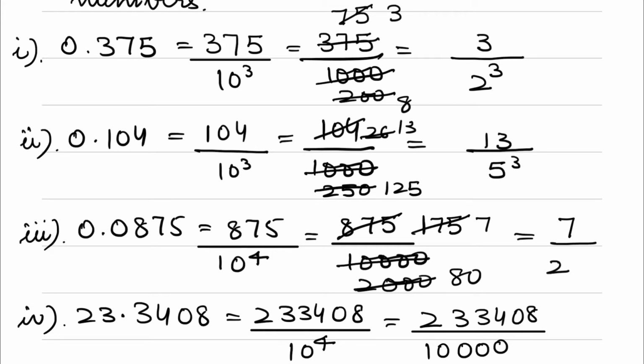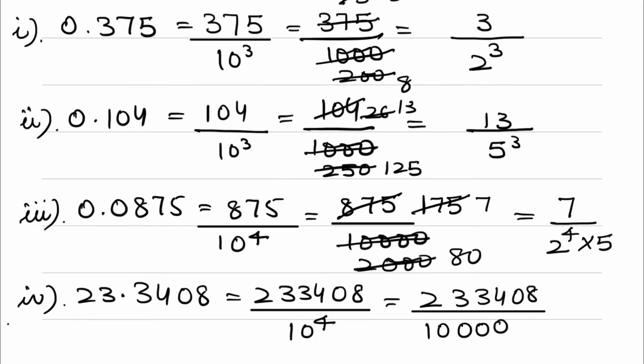So 2 raised to the power 4 into 5. Now the last example, last 2 digits are divisible by 4. So we can take a factor 4, 2500, and here we have 4 5 times, 20 8 times, and 3 20.